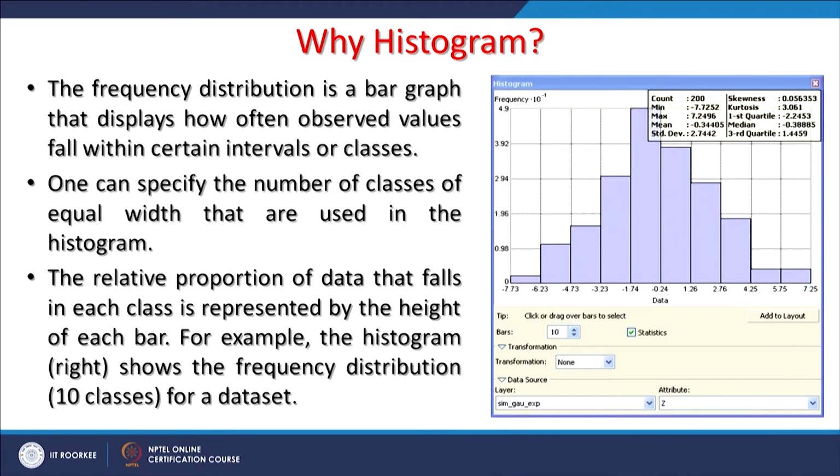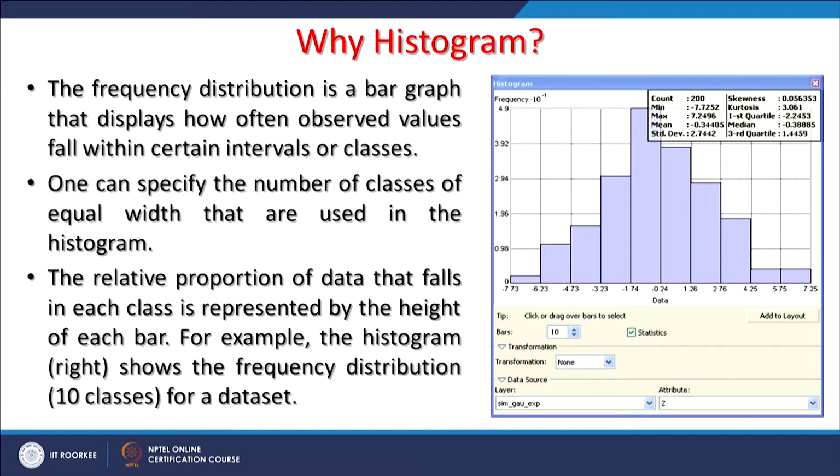For example, the histogram shown here is showing a frequency distribution in 10 classes. It depends on my requirements. If I want more classes, then even in an 8-bit scenario I can have 256 classes, with variation from 0 to 255, and I can see things accordingly.